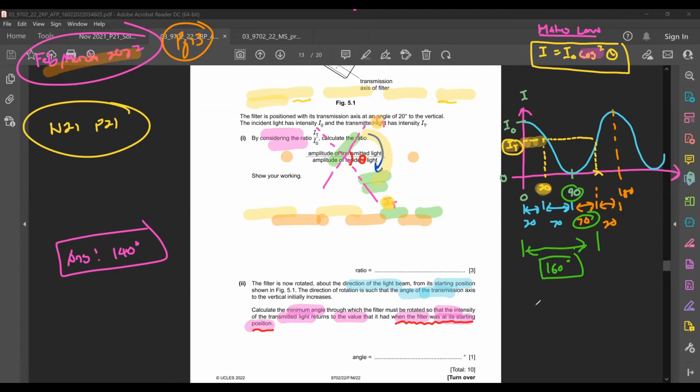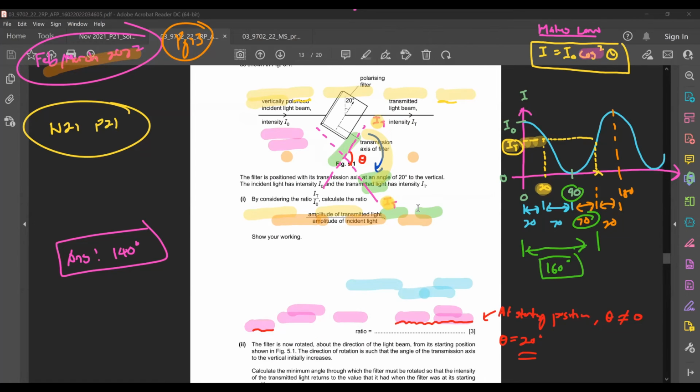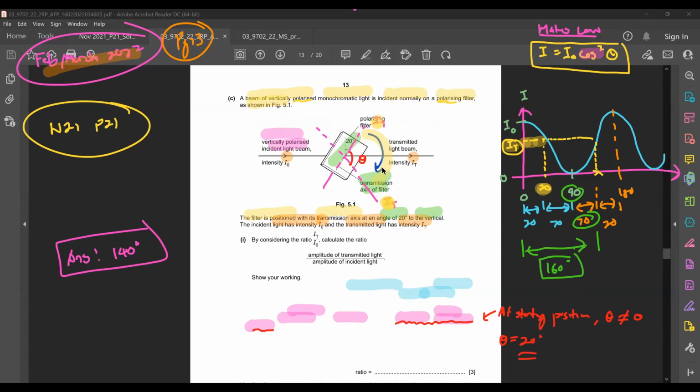Okay, when the filter is at starting position, theta is not 0. Theta was actually 20 degrees. Okay, you are trying to measure the angle at which you have turned the polarizer from the starting position. Your starting position is actually right here, 20 degrees from the vertical.